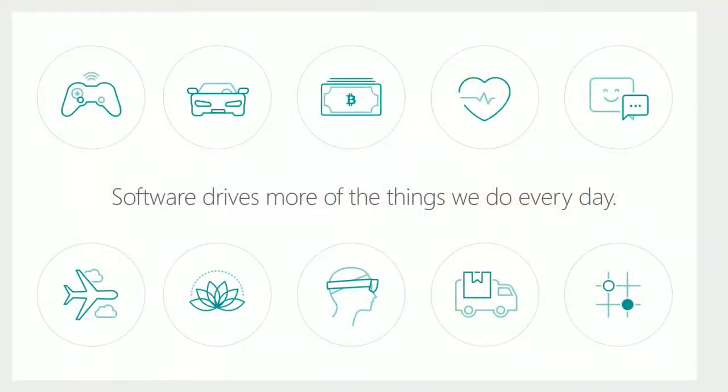And why this is important is because software is really driving the things that we do every single day. And more importantly, software is not just how companies move forward, it is the core of companies. We used to say it's important that every company becomes a software company. Well, now software is the company, right?